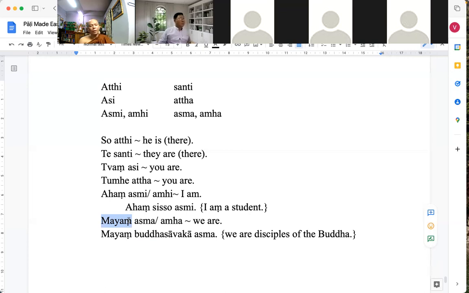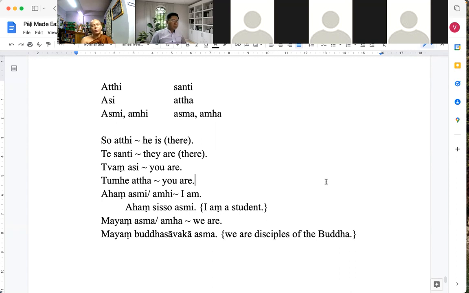And then doam asi, you are. And dome atta, you are something or someone. So aham asmi, I am someone. So aham say so asmi, I am a student. And then mayam asma or amha, mayam Buddha Sawaka asma, we are disciples of the Buddha, or we are disciples of someone, we are students of someone, like that.